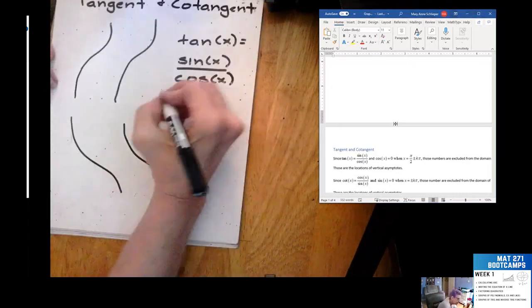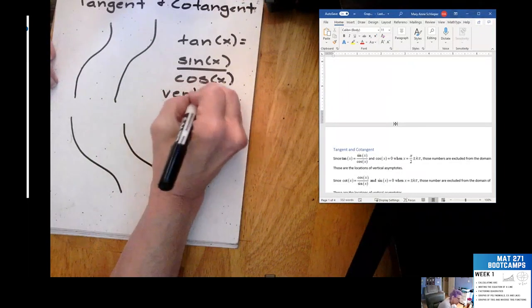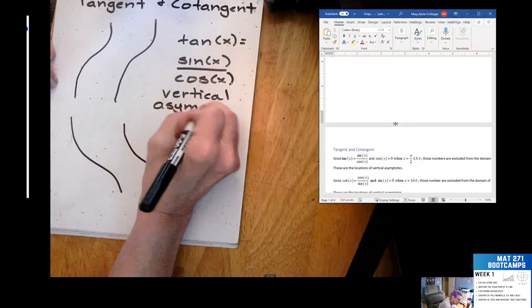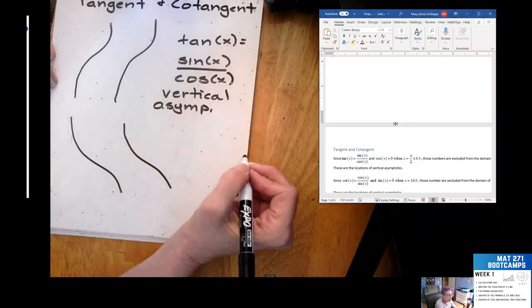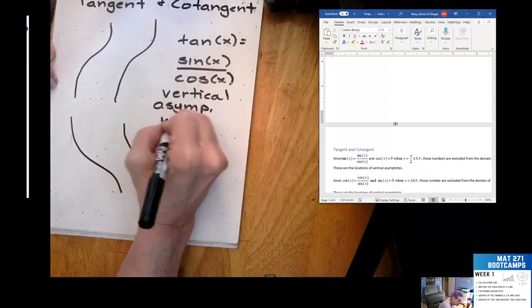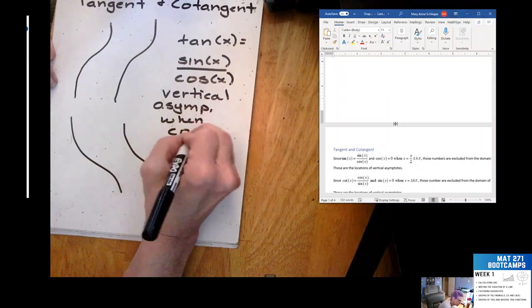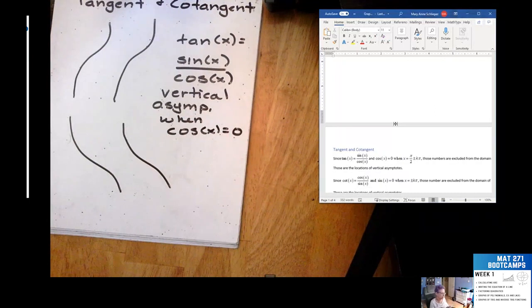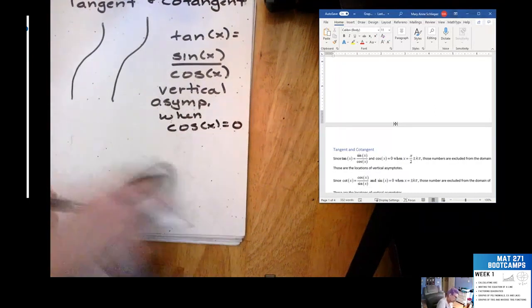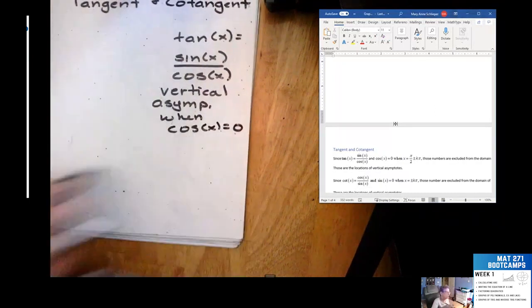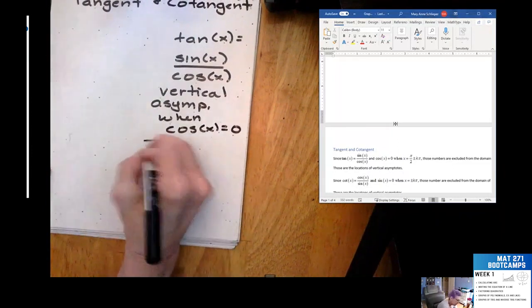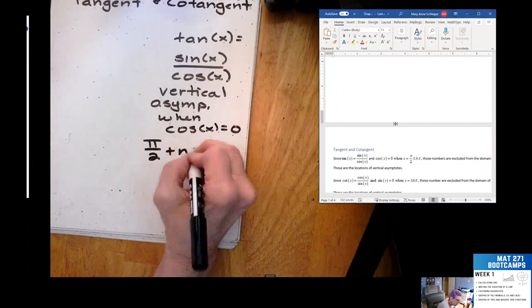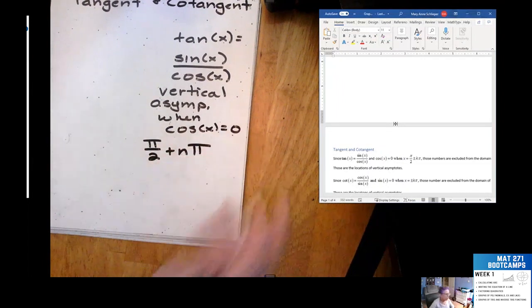So it has vertical asymptotes everywhere that cosine is equal to 0. Cosine is equal to 0 at pi over 2 plus any integer multiple of pi.